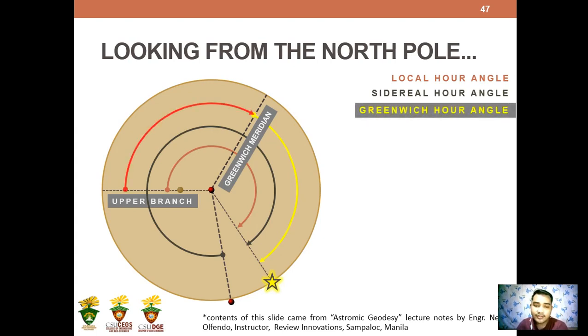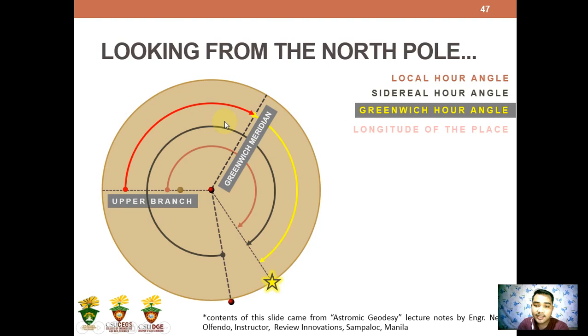We have also here, no, from the upper branch, no, padulong sa Greenwich Meridian, or more siya the difference between the Greenwich Meridian and the upper branch or your meridian kung asa ka, imong meridian as an observer. Again, observer's meridian padulong sa Greenwich Meridian.